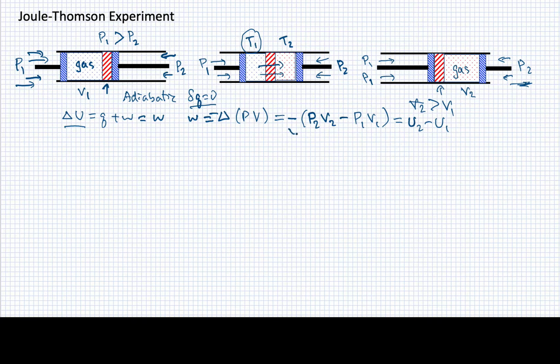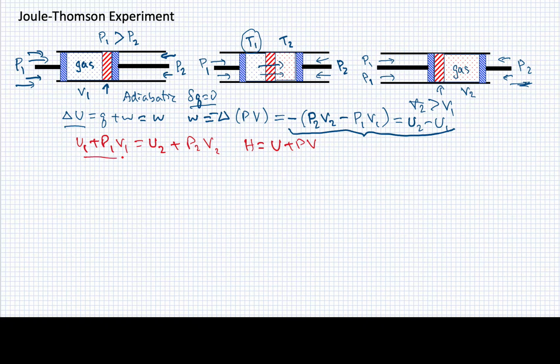Well, interestingly, if we take this expression and rearrange it a little bit, what we'll find is that U1 plus P1V1 is equal to U2 plus P2V2. All right, well, why does that interest us? Well, remember the definition of enthalpy is U plus PV.